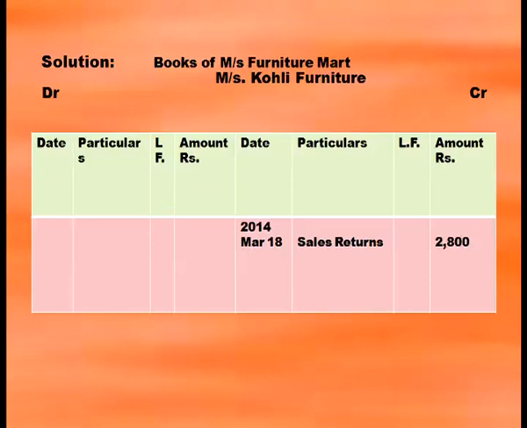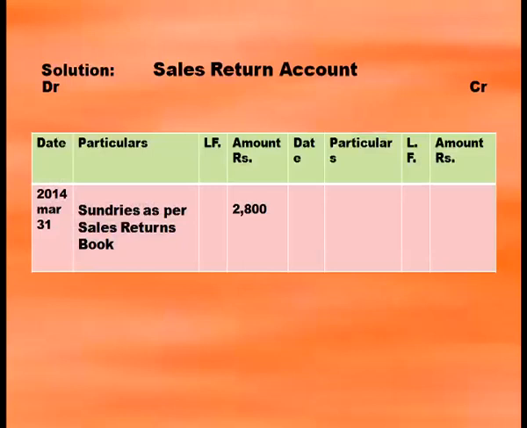Date and amount in the respective columns. Then one more account you have to open, which is the sales return account. Draw the proper format of the account with date, particulars, ledger folio and amount on the debit side and on the credit side. Write the heading sales return account. Then on the debit side you have to post in the particulars column sundries as per sales return book. Then date and amount in the respective columns.